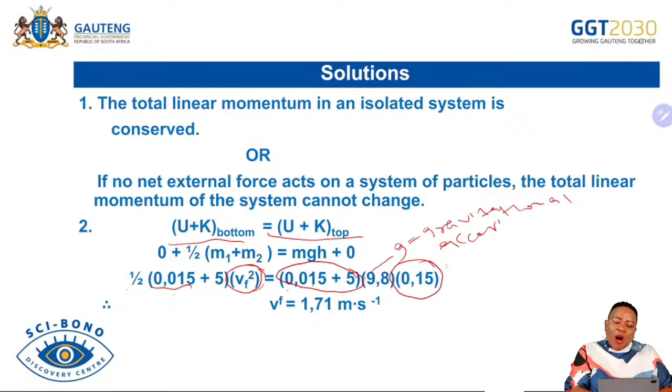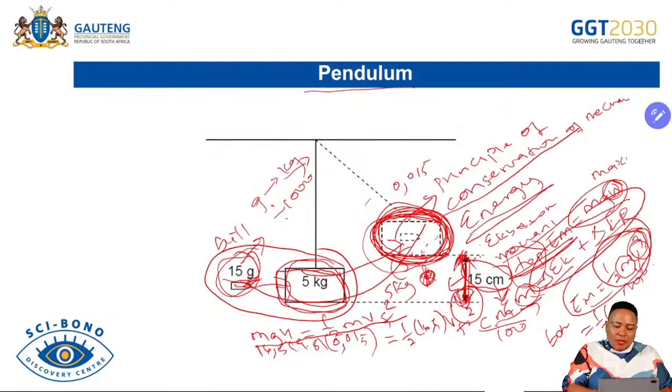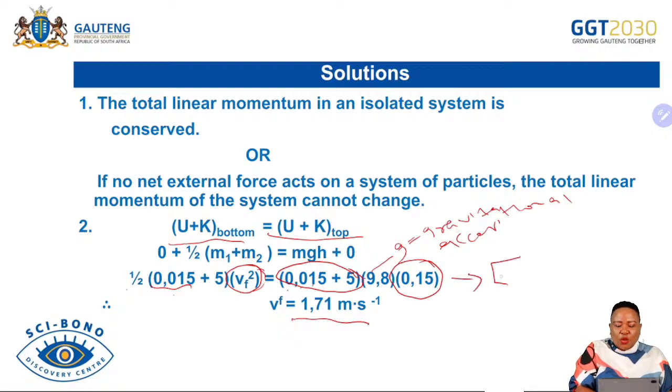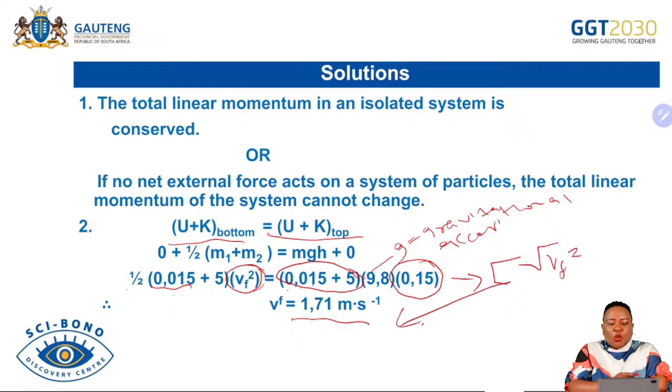This one is our height, the one that was shown here, this height of 15 centimeters. And then after that, you are going to find v squared, and then this is not v squared but v. After getting the answer here, we use a square root. You remember the square root of this v squared, and then we proved that the velocity was 1.71 meters per second.